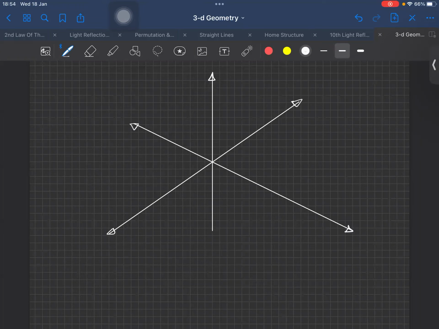It's impossible. But just try to imagine. So x, y, let's say this is y and this is z, positive z. So of course this will be negative, and negative y.